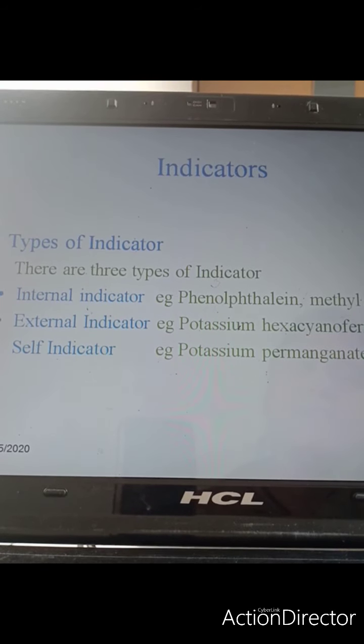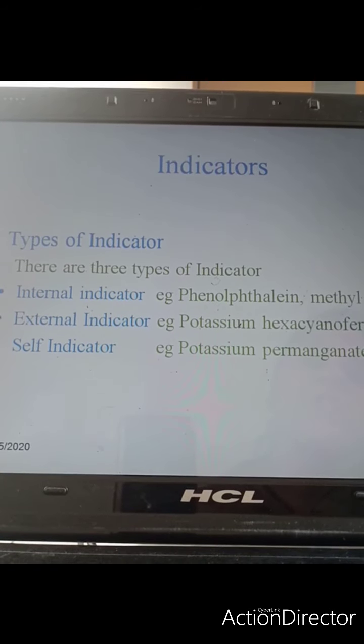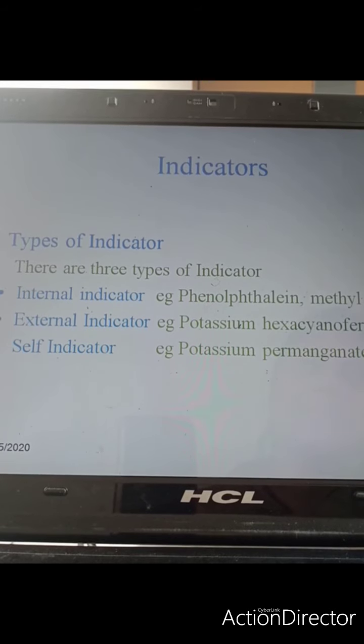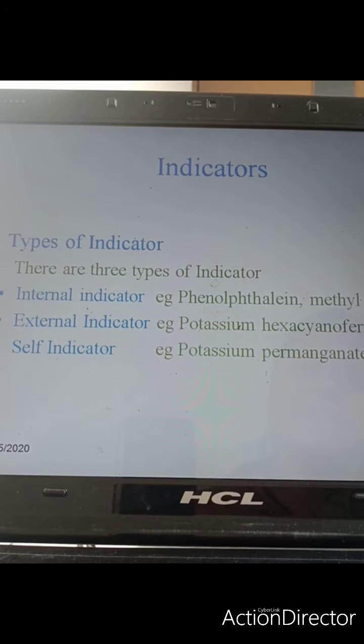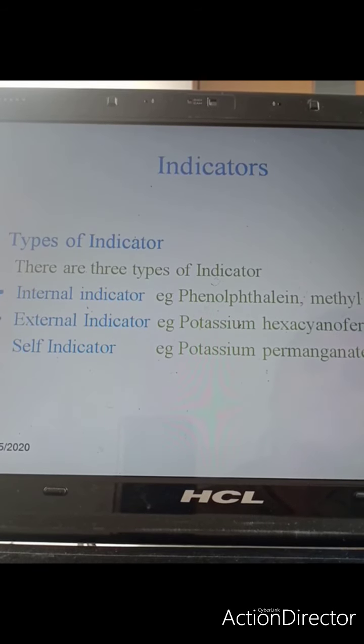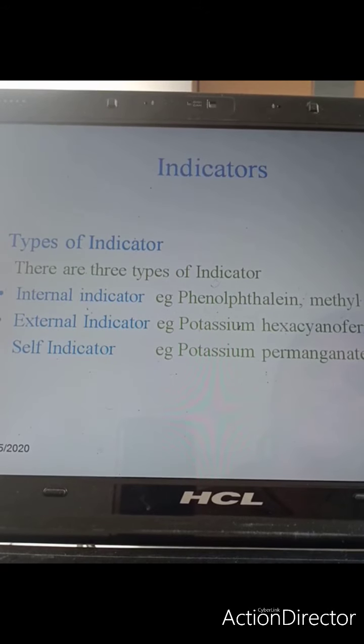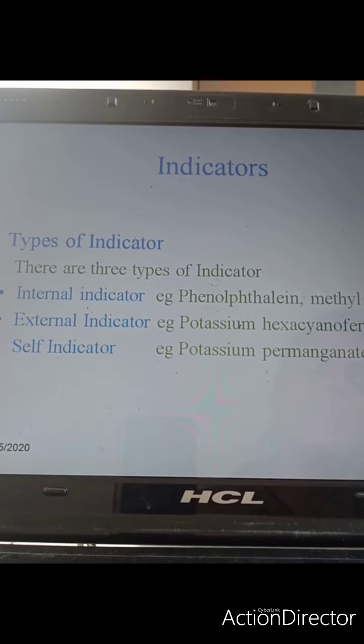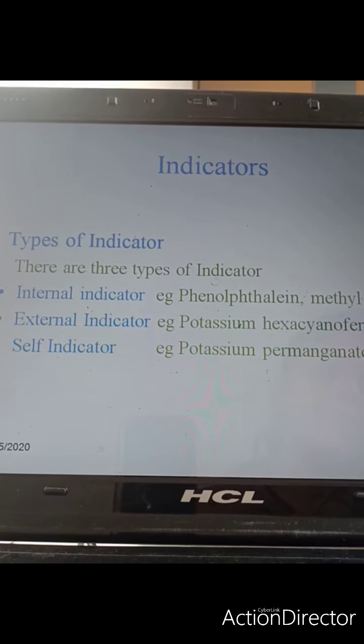and self indicator. If you are putting the indicator in the sample of unknown concentration, that is an internal indicator, like phenolphthalein and methyl orange. External indicators, like potassium hexacyanoferrate, give a permanent color, so they cannot be added internally; they are taken outside on tiles.